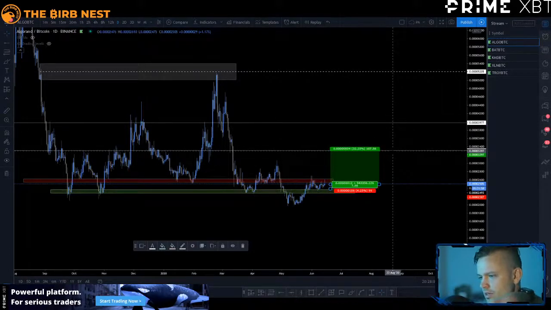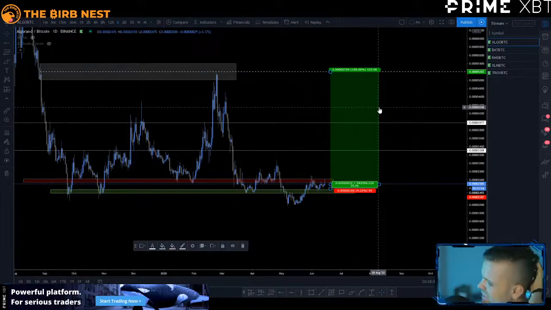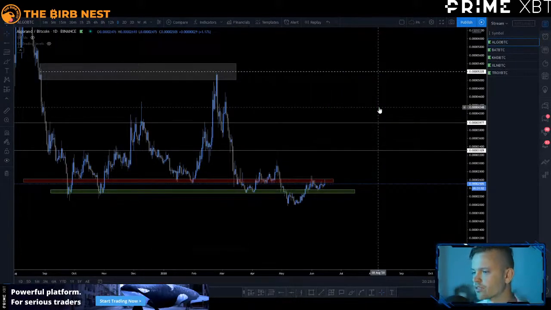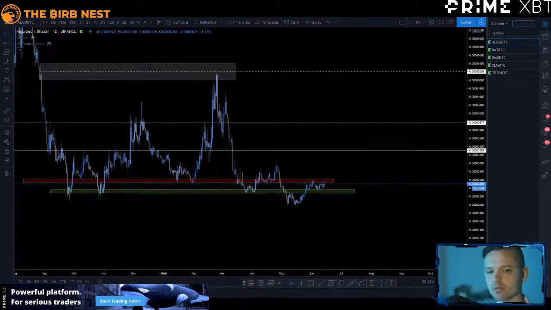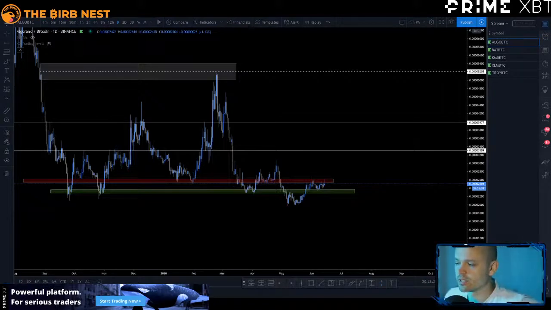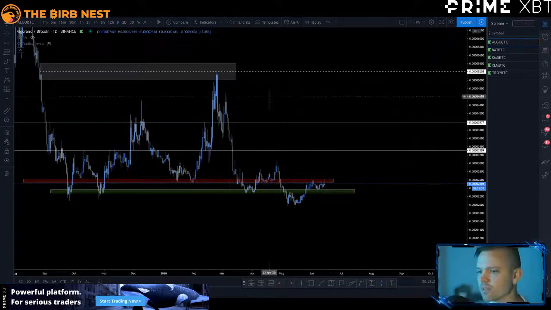You have 8R all the way up here, and if that's 25R, that's just pretty insane, right? So sometimes it's just worth taking those risks. And if you risk 0.25 and you have a 25 risk to reward ratio, that means you're going to increase your portfolio by 6% by risking only 0.25%. So that's just definitely worth the risk.